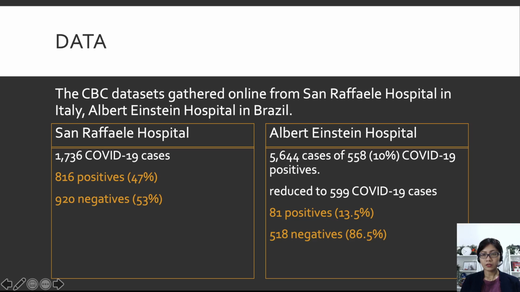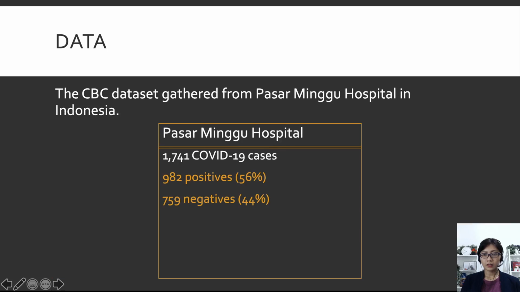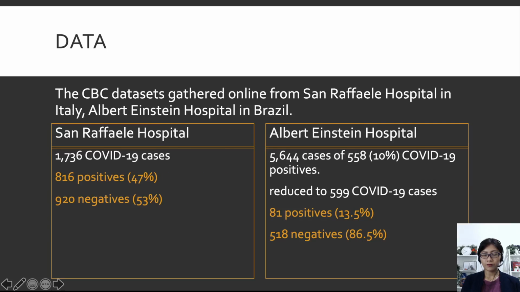In Albert Einstein Hospital, we have 5,644 cases with 558 COVID-19 positives, reduced to 599 COVID cases, which consist of 81 positive and 580 negative.